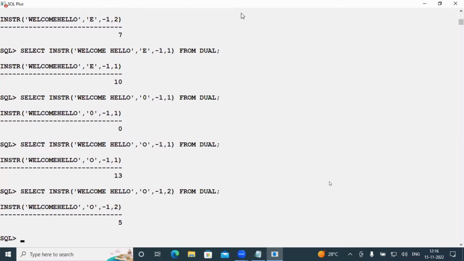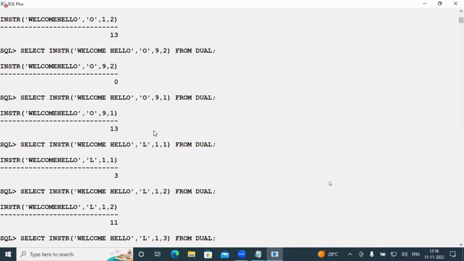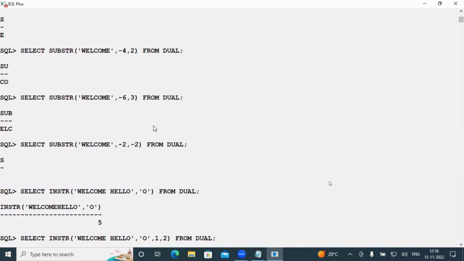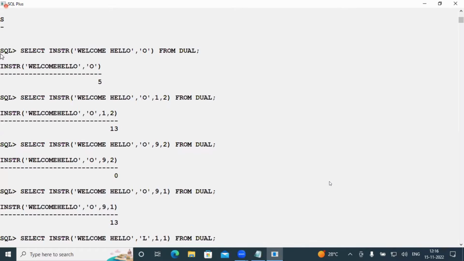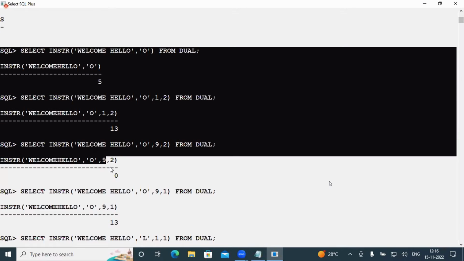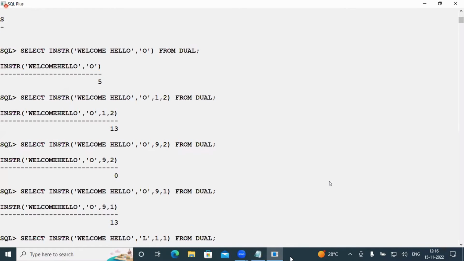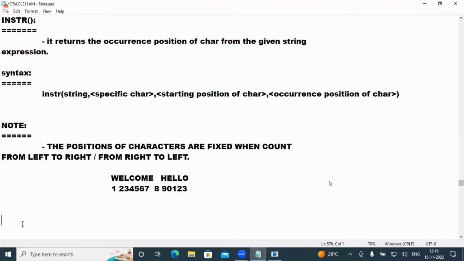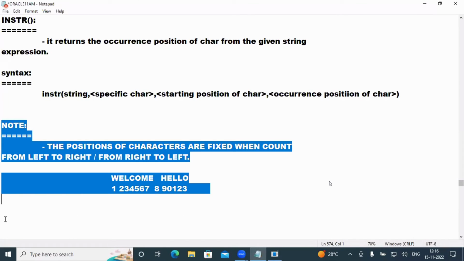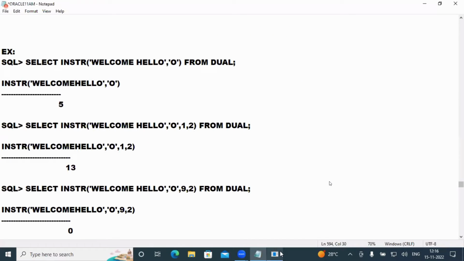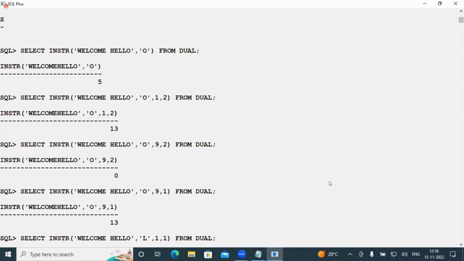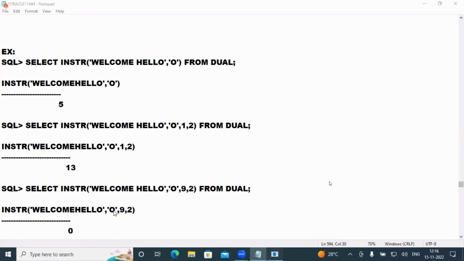Now these are a few examples I'm keeping into your running notes or class notes. And this is an important note point for you. If you understand the nature of in string, then it is easy for you.